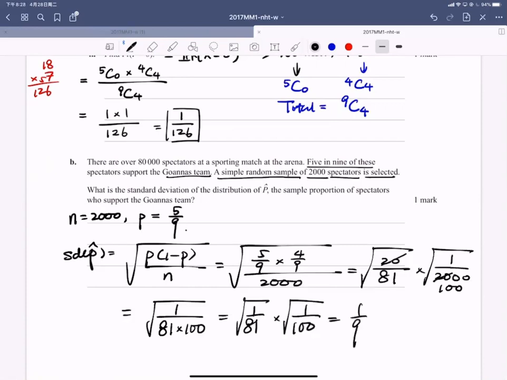And this is 1/9 times 1 on 10. 1 on 90 is your final answer. Okay? Probably you want to have a quick look at your own solutions. Then we move on to the next question, okay?